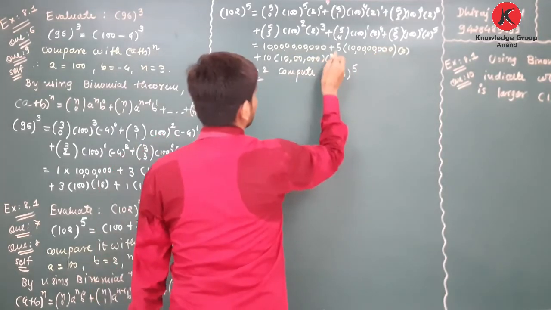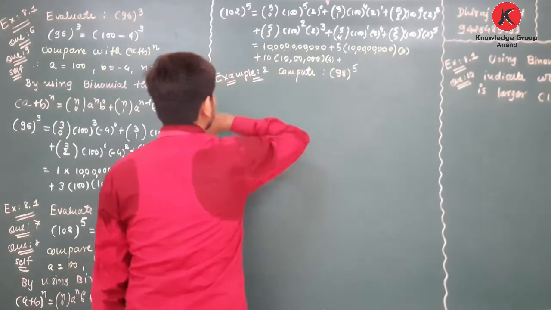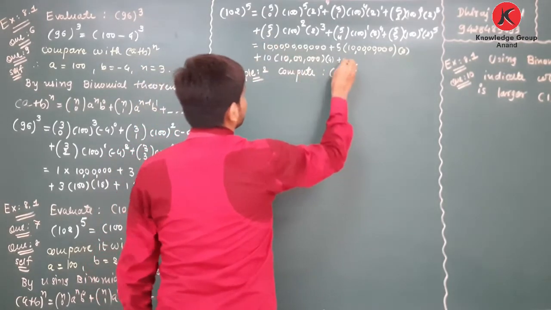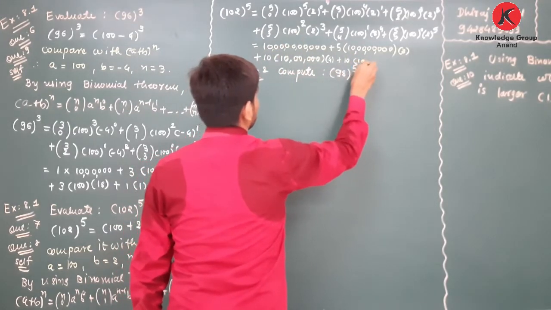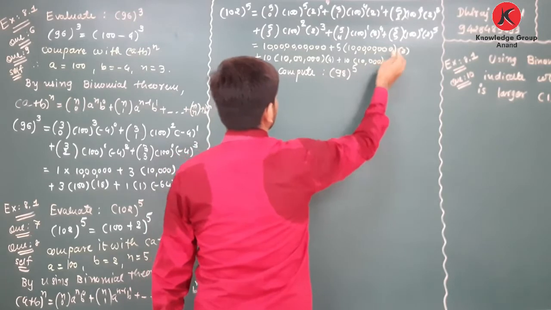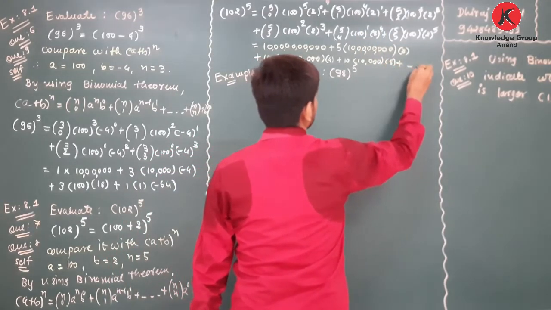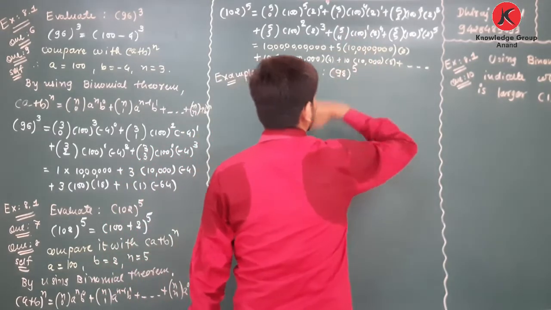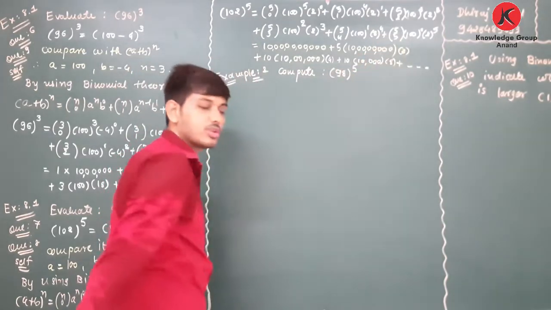into 2 raised to 2, that is 4. Plus, same as we can calculate, 5C3 is also 10 into 100 raised to 2, which means 10,000, into 2 raised to 3, that is 8. Same as we can calculate this thing: 5C4 is 5, 100 raised to 1 is 100, means 500, into 2 raised to 4, that is 16.